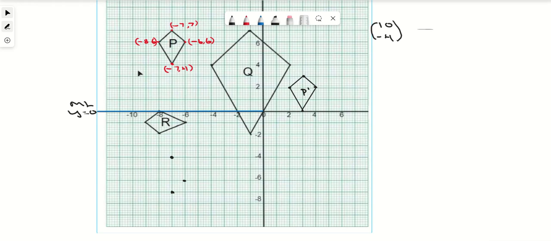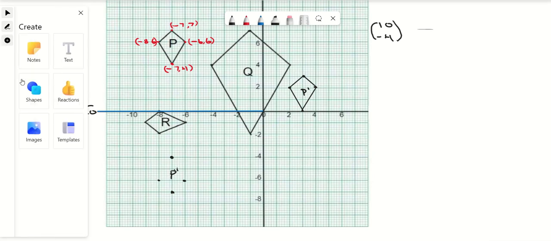Then you do the same thing for minus 8, 6. It's 6 places away from your mirror line. So you're going to count 6: 1, 2, 3, 4, 5, 6. So it's going to be right here. And this would be image P2, the second image of P, sorry.